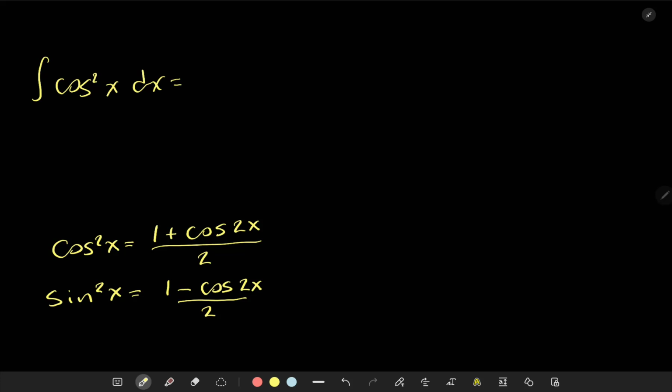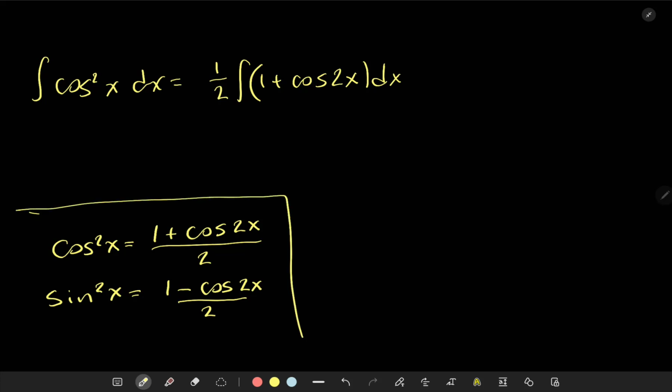So if I use that formula here, I can plug it in as 1/2 the integral of 1 plus cosine of 2x dx. The only thing I advise is that you be careful here, because some people just say, well, that's 1/2 of x, which is correct.